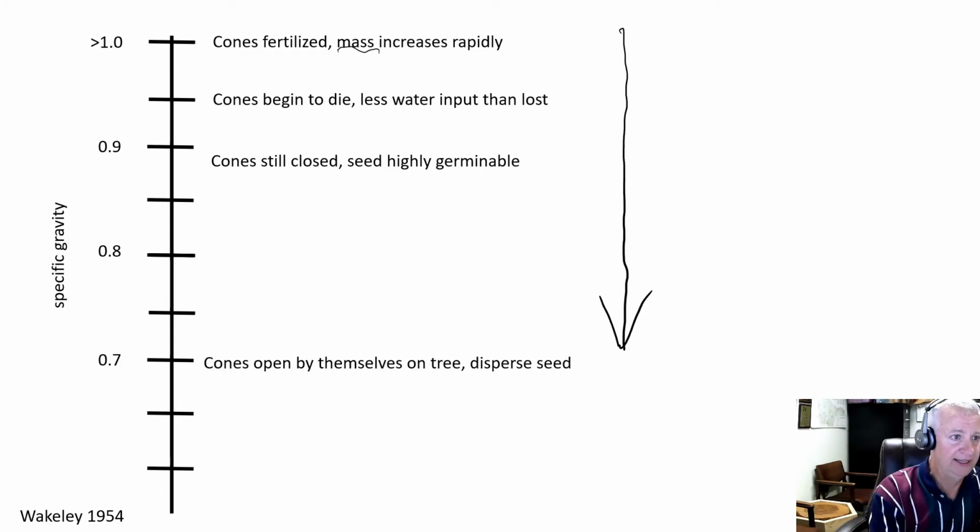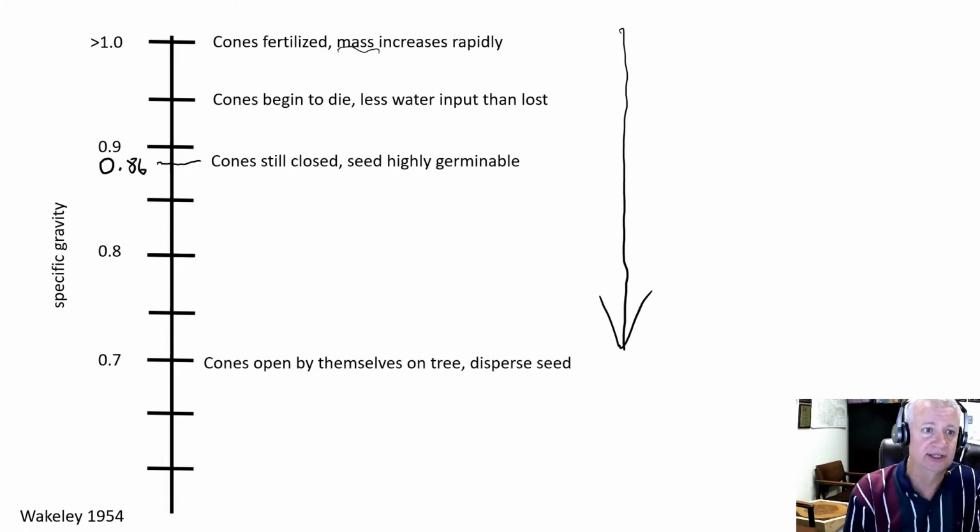And Wakely pointed out there was a point at a specific gravity of about 0.86 when the cones are still closed, but the seeds have reached maturity. They've reached their maximum mass, so they are highly germinable.